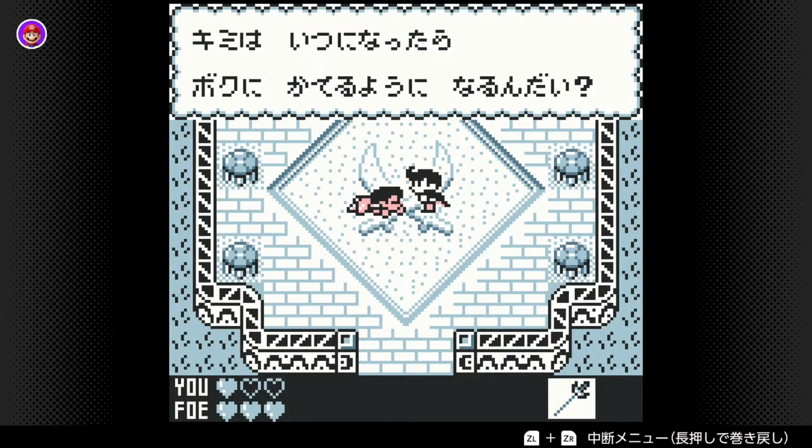And then he says, Kimi wa itsu ni nattara boku ni kateru you ni narundai. So we have first and foremost Kimi, the second person singular pronoun, you as in the singular.